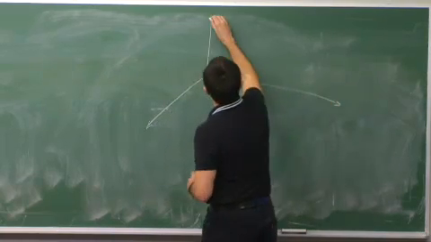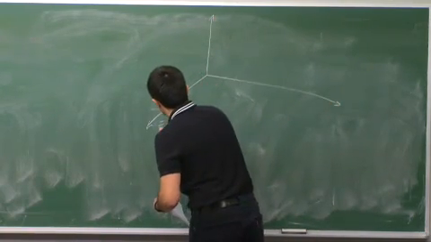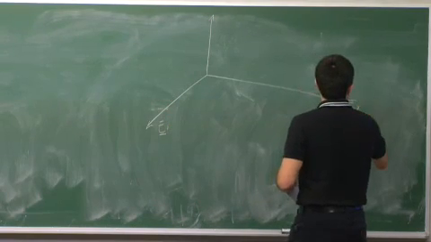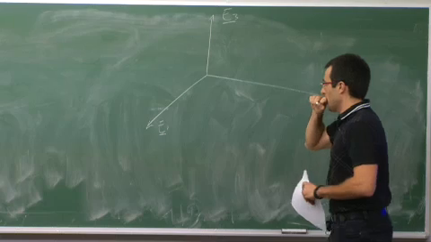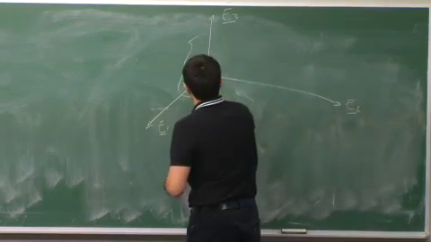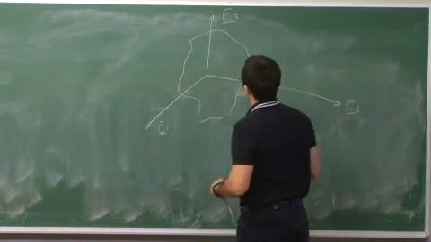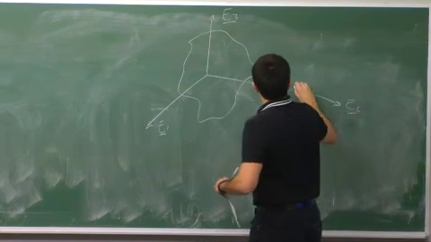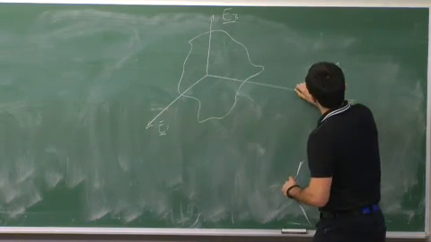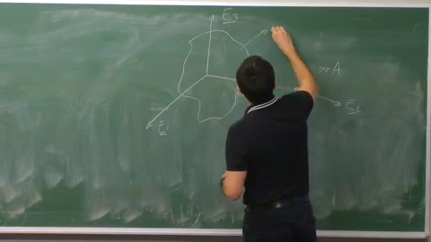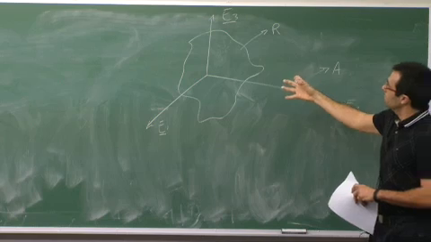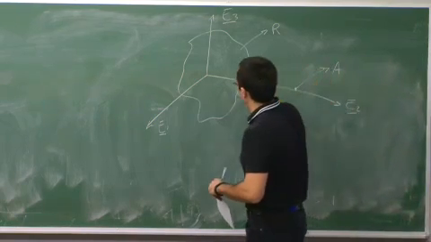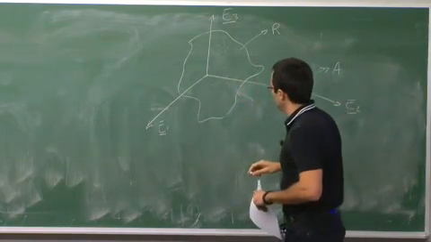So this is your reference frame A. E1, E2, E3 is a coordinate system fixed in A. And then you have your rigid body, whatever that is. So this is fixed in A, and this is R. I want to represent the orientation of R with respect to A, and then possibly write its angular velocity.